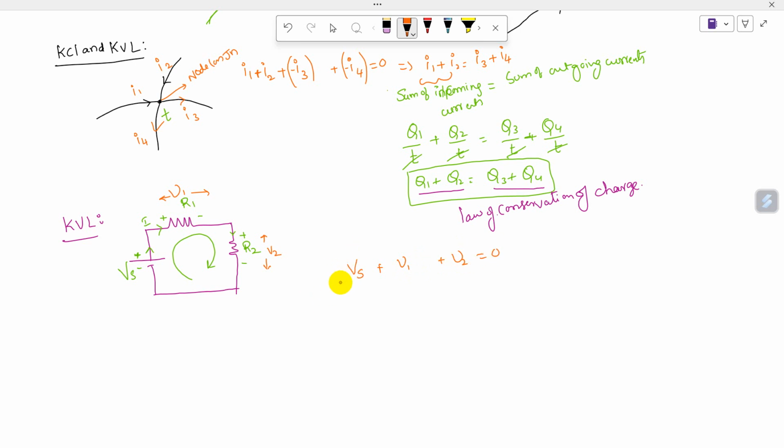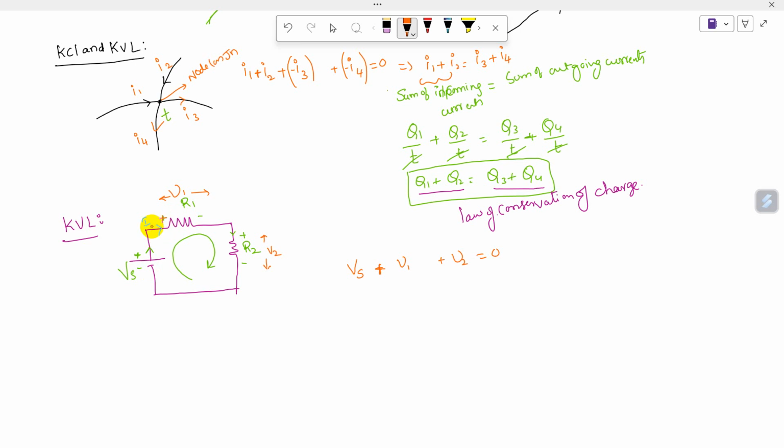So all are added. Again, the same mathematical equation should not be equal to 0 for all positive values, so definitely there are certain negative values. To write this equation with a proper sign, one way is: the current entering at a positive terminal is taken as positive, and current entering at a negative terminal is a negative voltage.